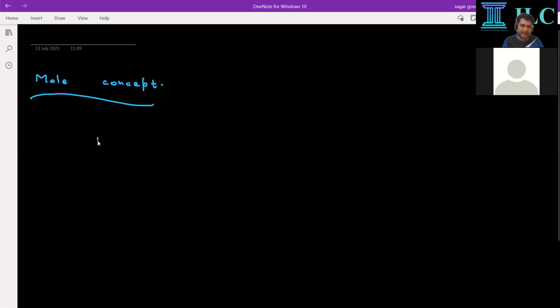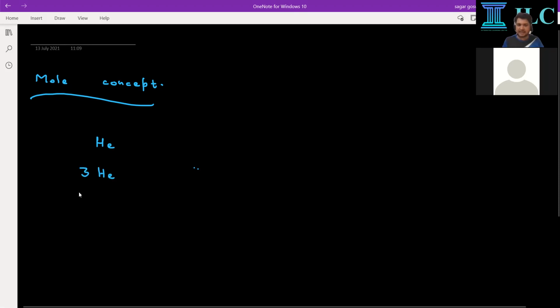Now what does it mean actually? If I have helium, hydrogen gas, or NaCl, how much amount you are taking depends on the mole. If I write 1 helium, it is 1 mole. If I write 3 helium, it is 3 moles of helium.